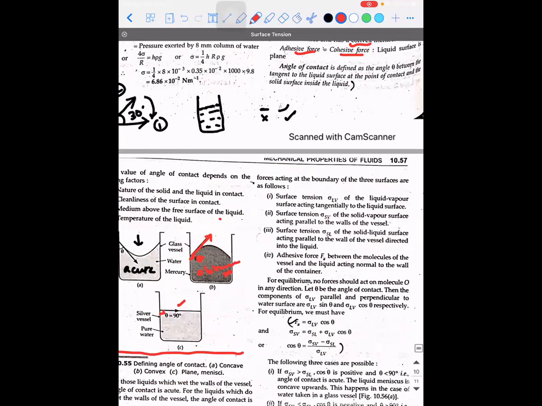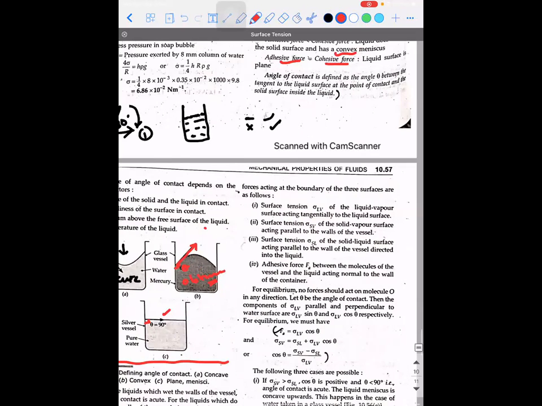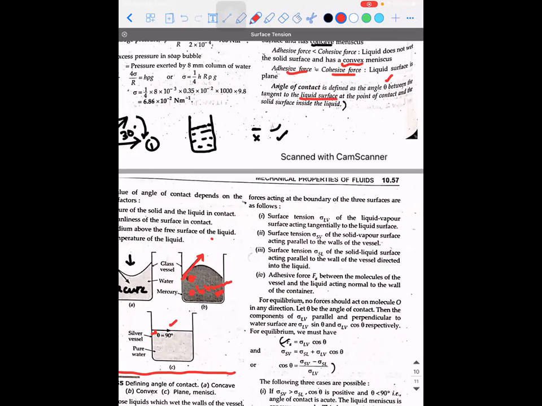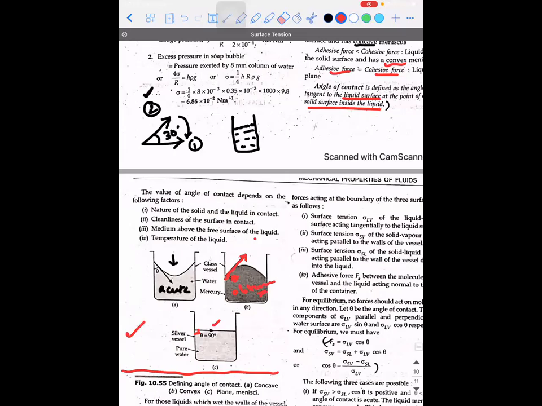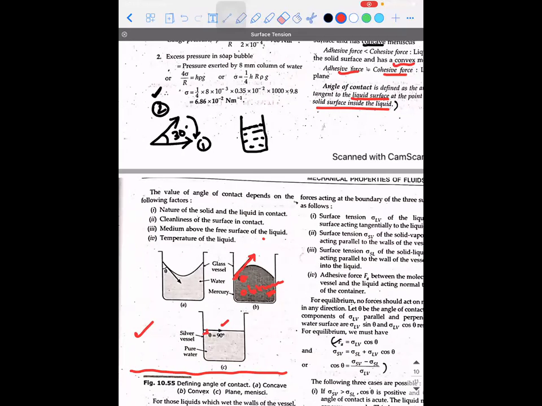So how is it defined? It is defined as the angle between the tangent to the liquid surface at the point of contact and the solid surface inside the liquid. You should not take the solid surface outside the liquid. For example, if you take it like this, you can ask me why this is not theta. No, this is not the angle of contact.